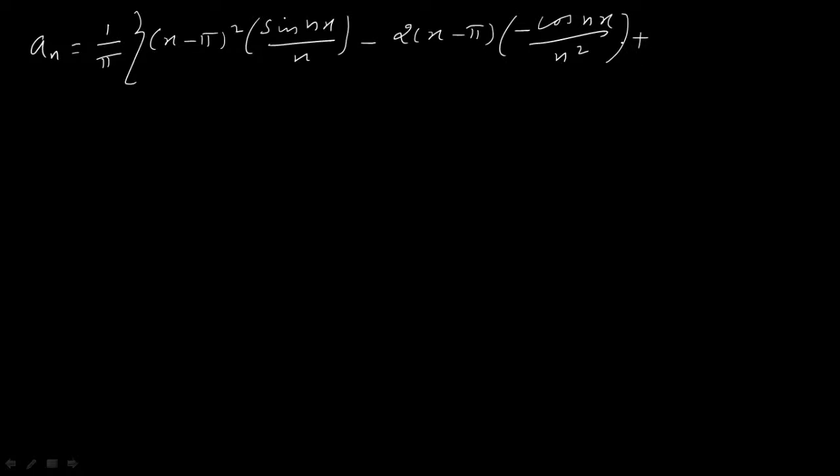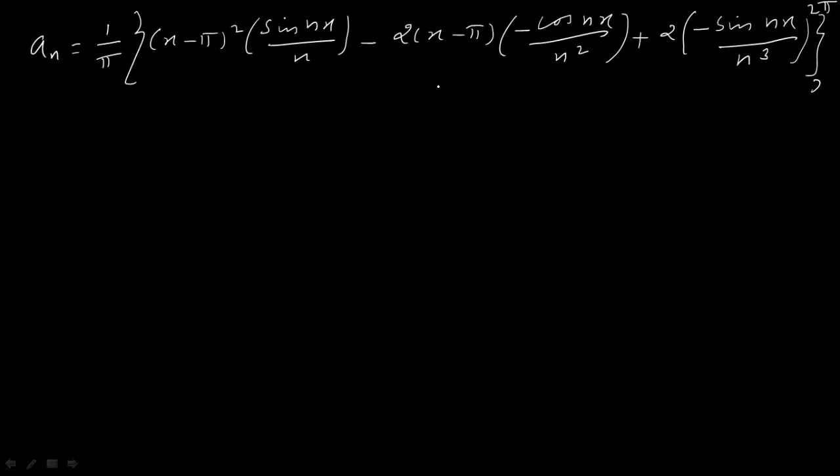Here v1 is sin nx by n, minus u dash v2. u dash is twice x minus pi. v2 is nothing but minus cos nx divided by n square, plus u double dash, u double dash is 2, times v3. v3 is minus sin nx divided by n cube. So with the limit from 0 to 2 pi.